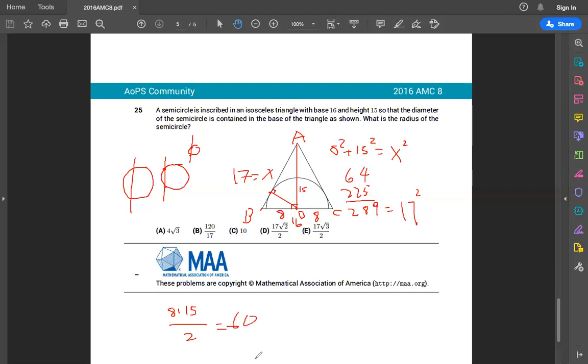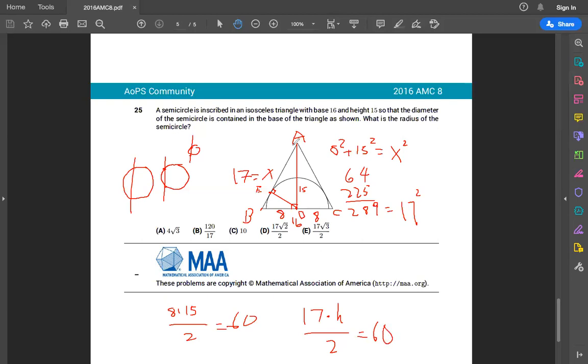But there's another way we could find the area. We could use AB as the base and DE, I'll say, we can use DE as the height. And AB is 17. The height we don't know yet. The height is also the radius, notice that. So that's what we want to find. If we do 17 times the height, or the radius, divided by 2, we should also get 60.